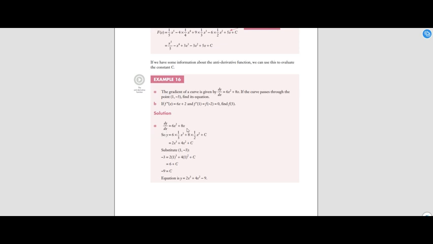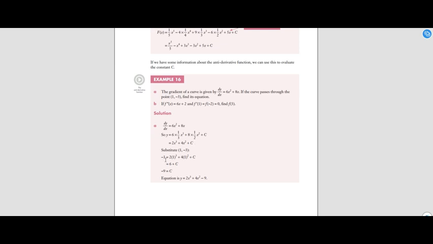So dy/dx is that. What is the original function? You go back to the original formula, which is 6 multiplied by x cubed over 3, plus 8 x squared over 2, plus c. So that says 2x cubed plus 4x squared plus c, okay?